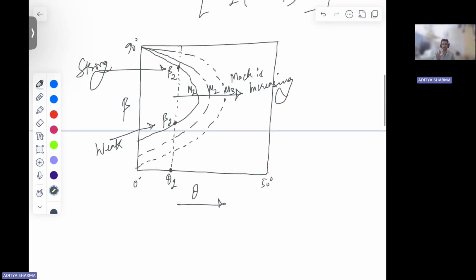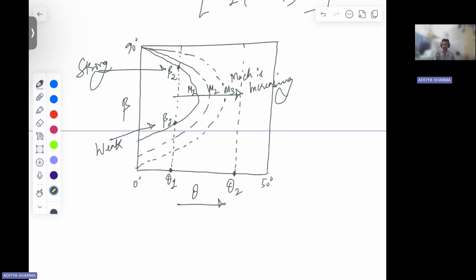Now talking about M1 only, right? Let's say I have some angle theta 2. For this angle, this line that I have drawn parallel to the y-axis does not cut the theta-beta curve which corresponds to your M1.